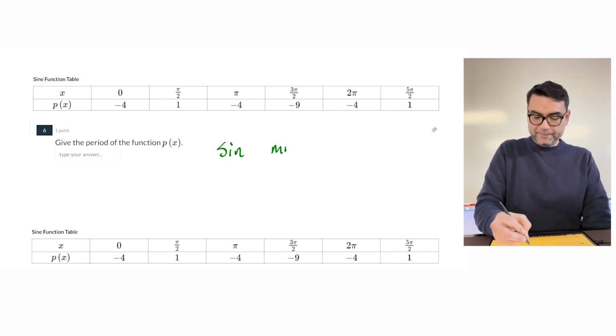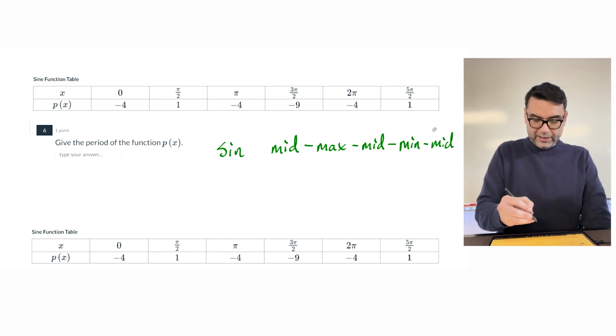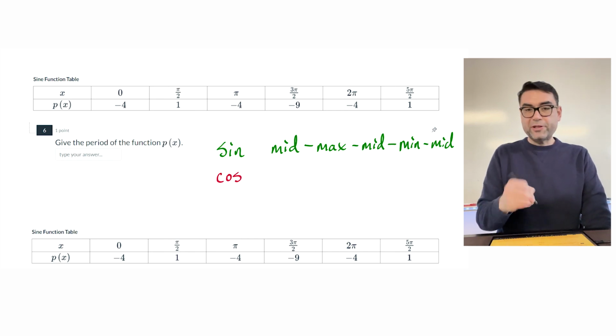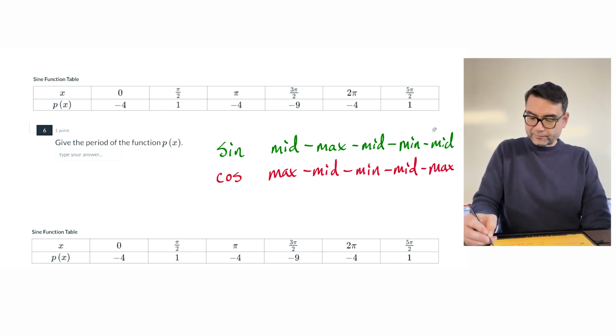It starts at the midline, it goes to the max, comes back to the mid, then to the min, and then back to the mid. And then cosine has the same values, but they're switched up. Cosine starts at the max, comes to the mid, then down to the min, back to the mid, and then back to the max.